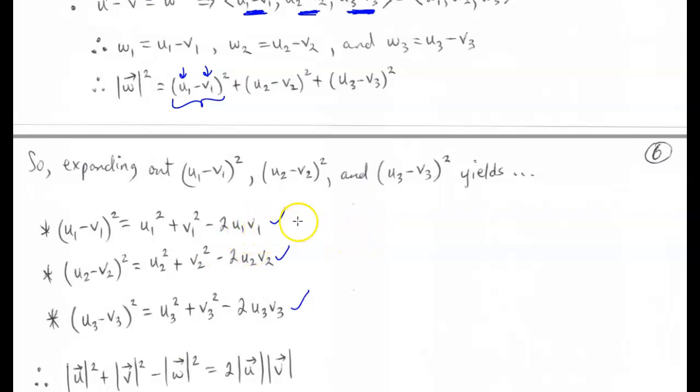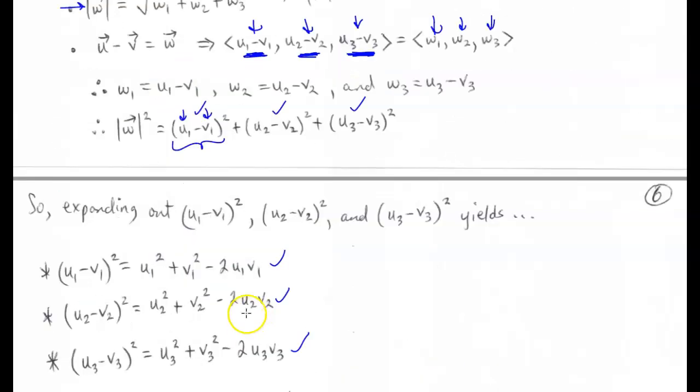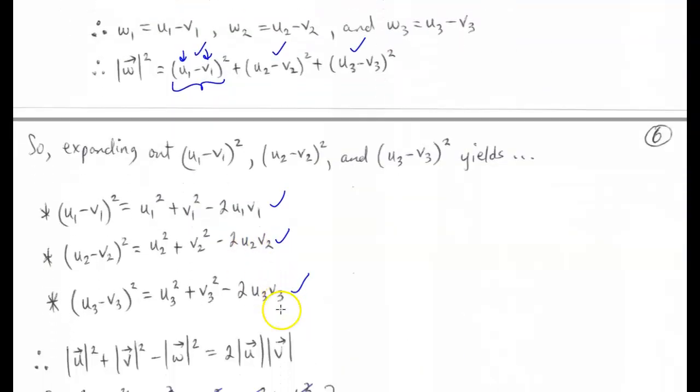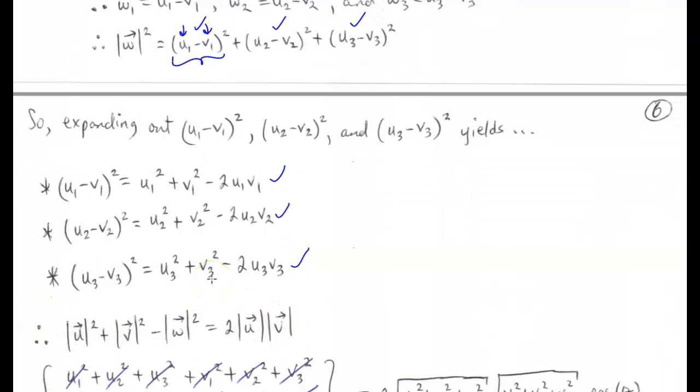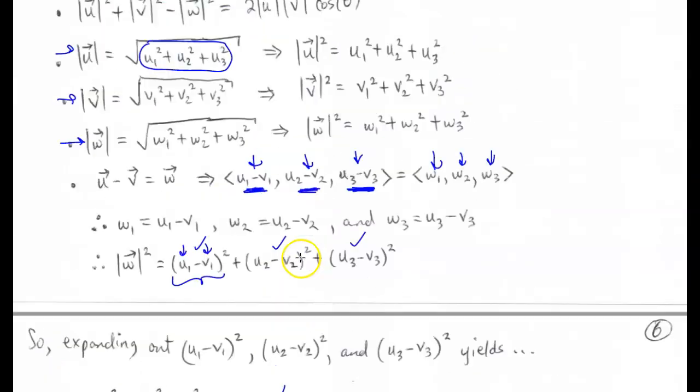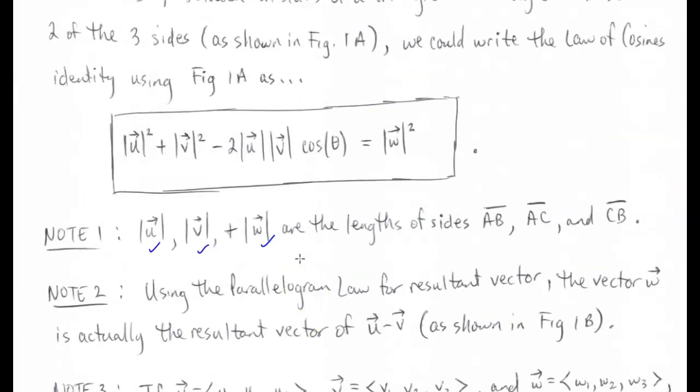Now, the important thing to note is that the magnitude of w squared is the sum of all three of these. Now if we look down here, we're taking the original equation that we had and rearranging it. I'll go back to make sure you follow that.